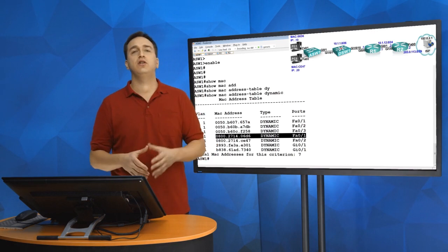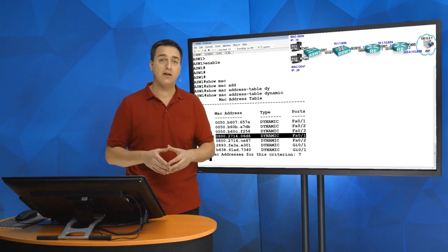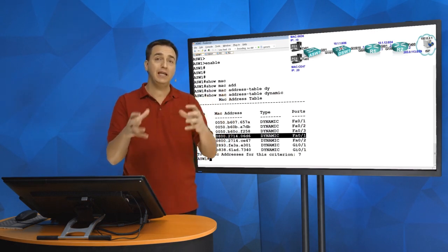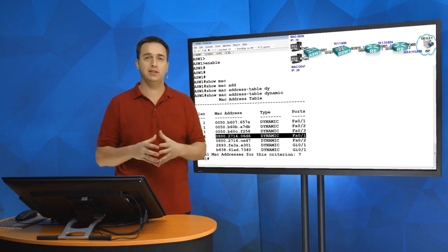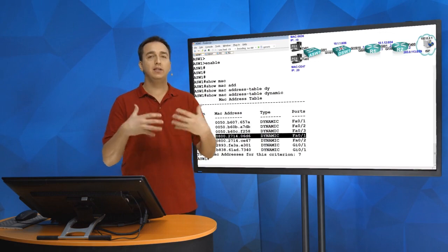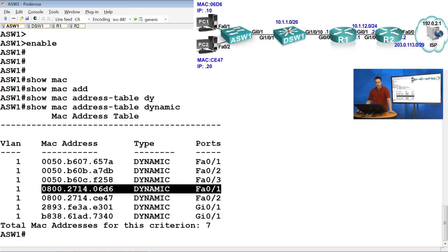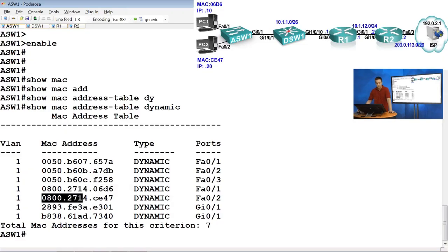So what is the destination MAC address in this case? The destination MAC address in the frame that was received on Fast Ethernet 0/1 from 06D6 is CE47. So our switch does a MAC address table lookup and says, all right, where is 08002714CE47? According to this, it's out Fast Ethernet 0/2.